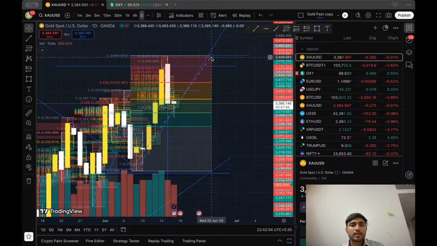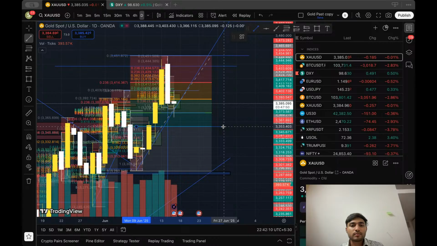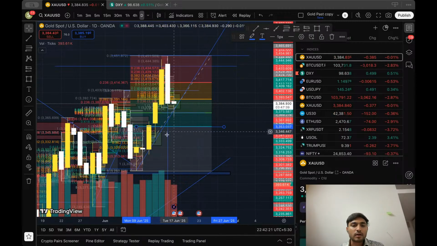I'm going to just delete this. 60% level, let's have a trend line as well. Let me tell you one thing: if it comes back to 60%, take this trade blindly. I'll update the entries and all, but you can take this trade without any hesitation.